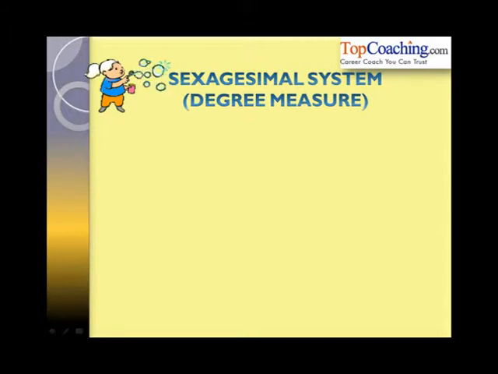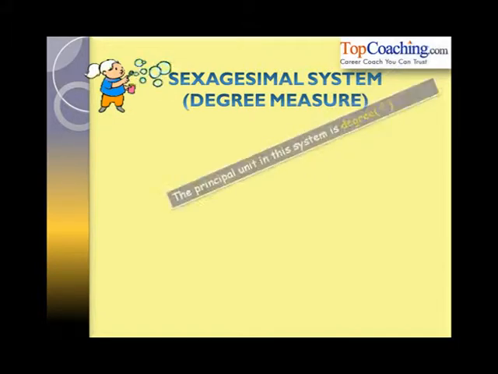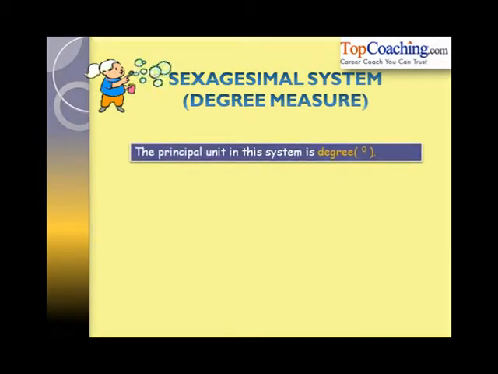The first system is the sexagesimal system, which is also known as the degree measure system. So what exactly is the sexagesimal system? Here, the principal unit in this system is degree. So degree is the principal or the basic unit of measurement in this system.